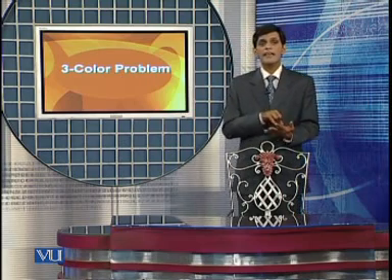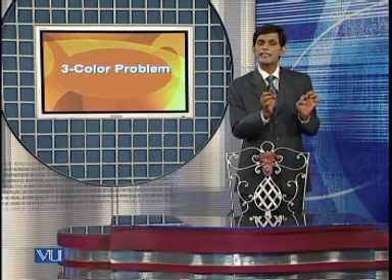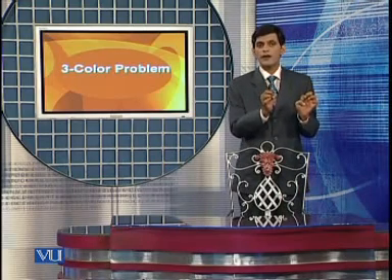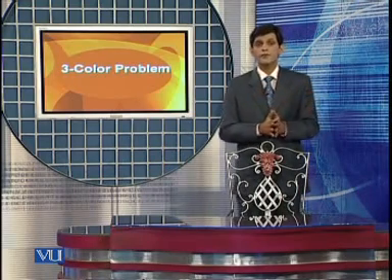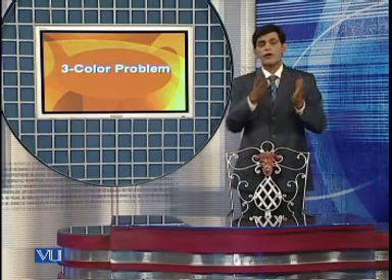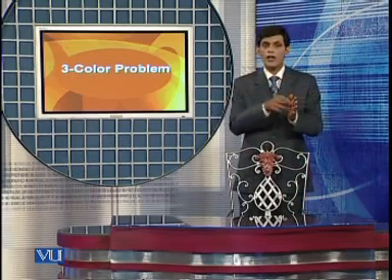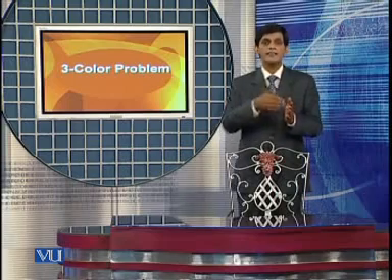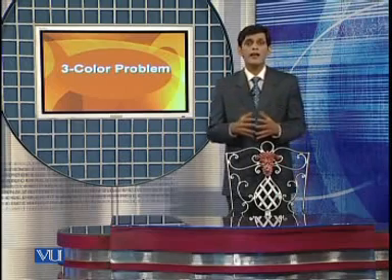What does that mean? It means that if two vertices are connected by an edge in the graph, then they must get different colors. So for example, if I give you a graph which is three vertices all connected to each other, then you can easily color it with three colors.